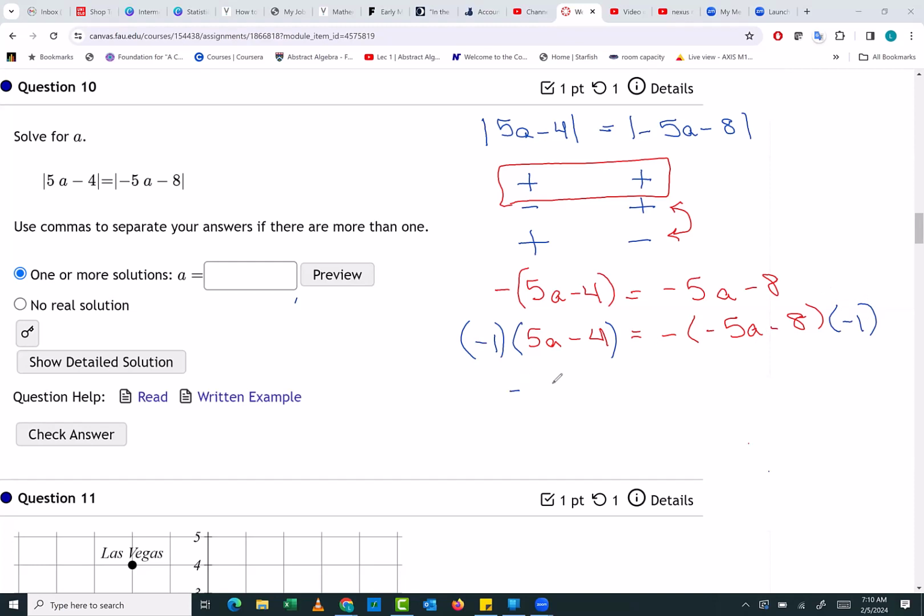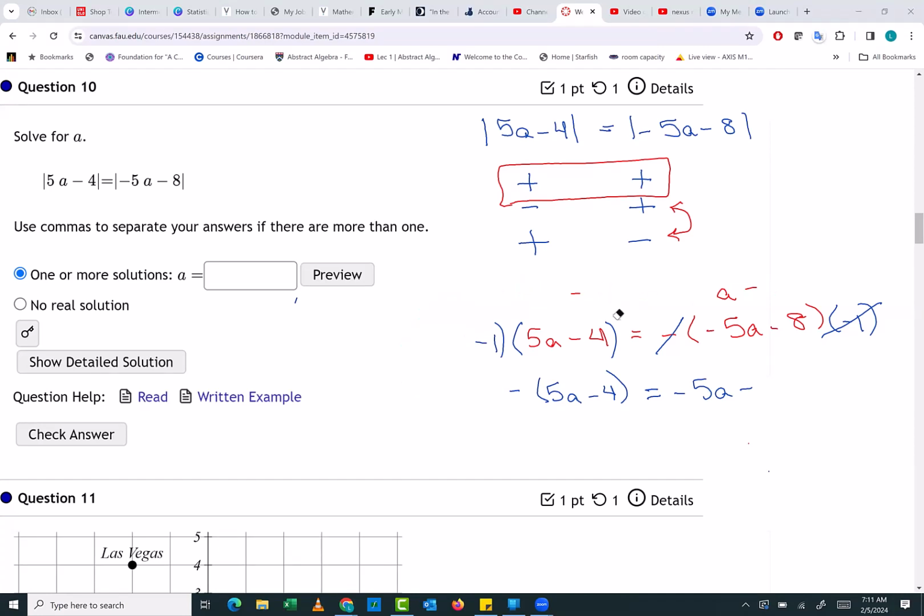On the left-hand side, this becomes negative 5a minus 4. On the right-hand side, this negative cancels with this negative, and I get minus 5a minus 8. Notice these are the same. Since they're the same, I don't need both.